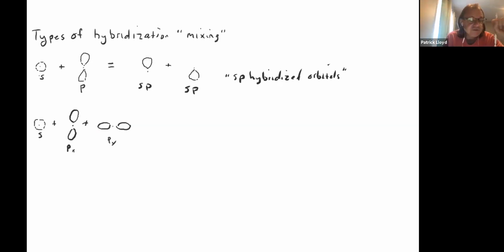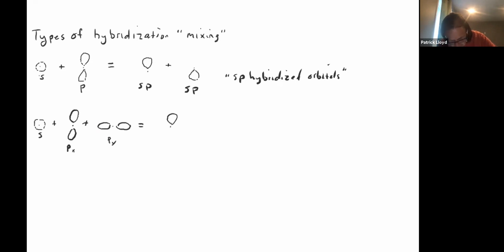So now what are you doing? You're mixing an s, but you're mixing with 2 of the p's. So you get 3. The number of orbitals you put in is going to equal the number of orbitals you get out. There's a conservation law with that. And now what you get is kind of interesting. You get 3 orbitals.